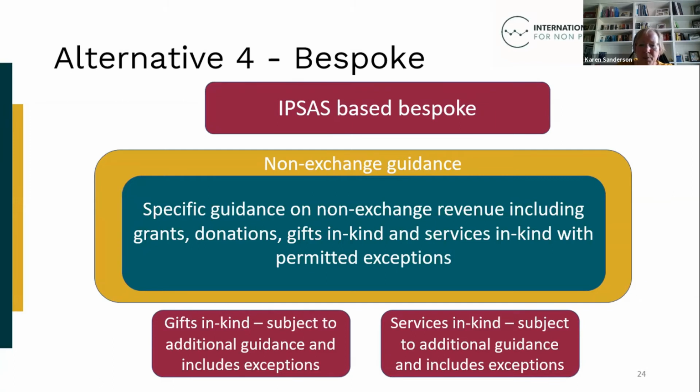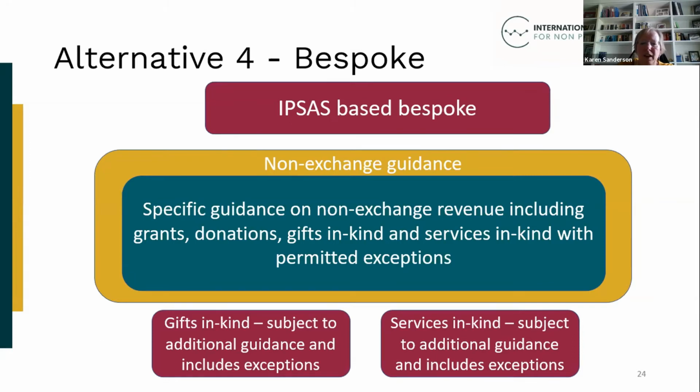These types of exceptions could include permitting NPOs to recognise revenue from gifts in kind that are donated for resale at point of sale rather than receipt, where measuring their value is impractical, which would address the concern we've discussed before. Permit NPOs to not recognise inventory or revenue on receipt of gifts in kind for inventory donated for distribution, again, where measuring their value is impractical.